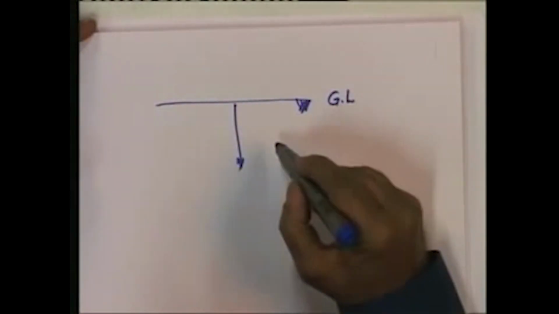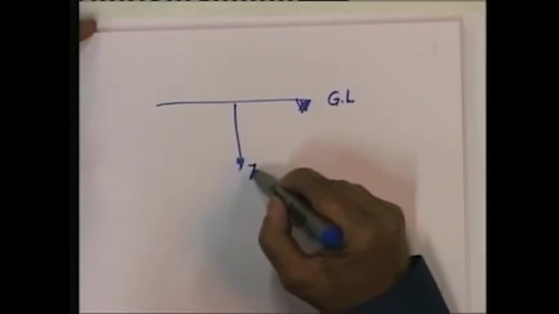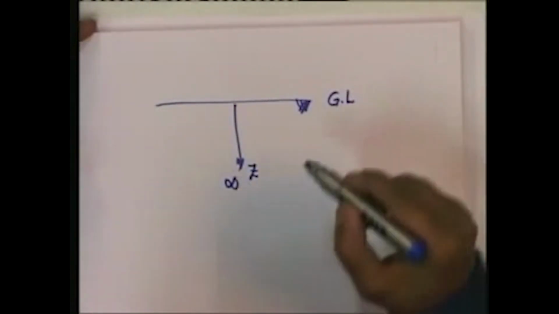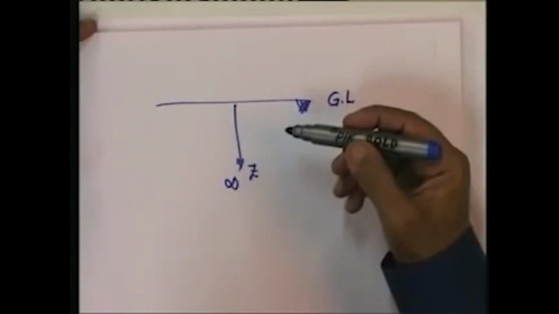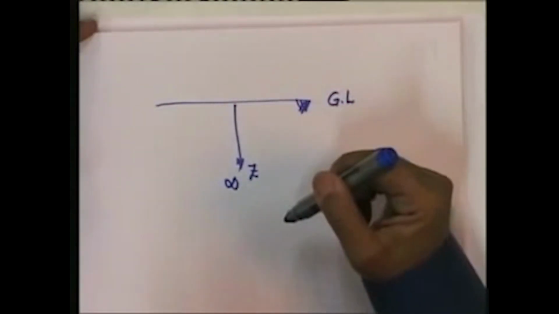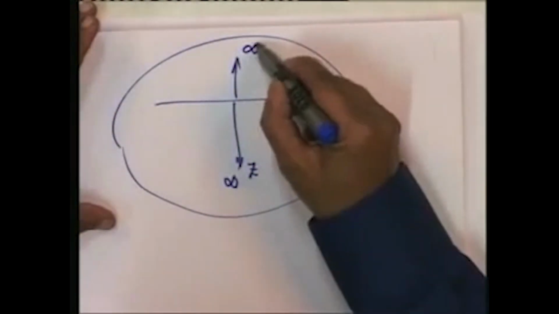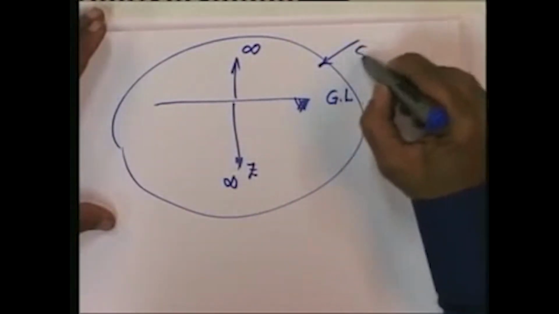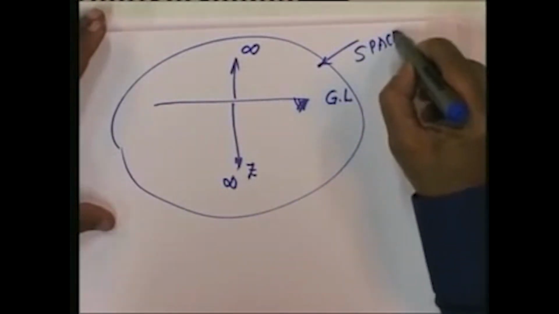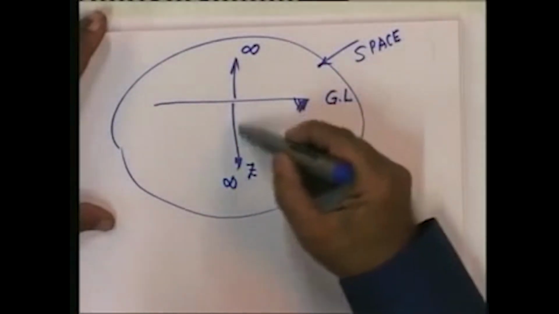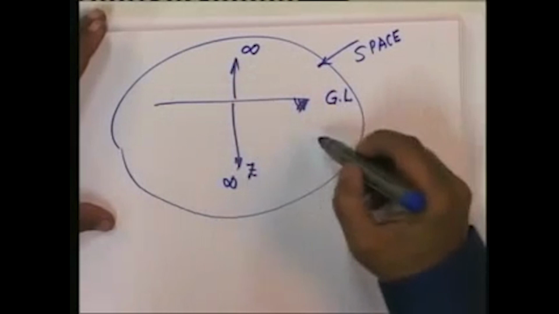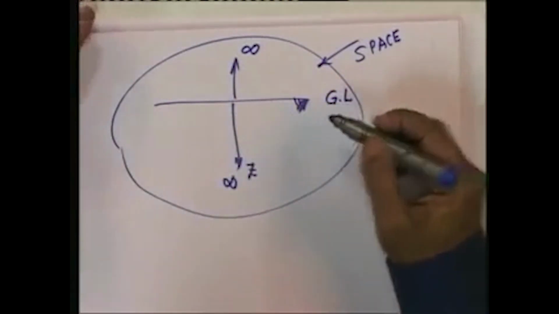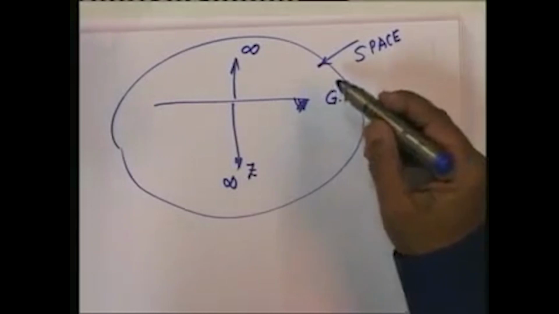ideally or theoretically, this soil extends to infinity in the downward direction. That is, it can go deep into the earth's crust. Above this, if we consider the entire universe, we have again infinity. So, if this is the space, half the space is what we have below this horizontal line, and any line on the ground surface may be considered to be locally horizontal, although the earth is round, although the earth is a globe.